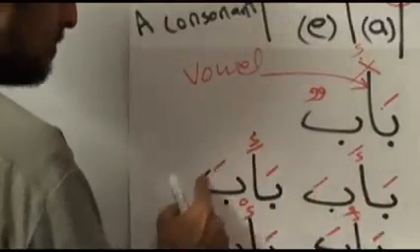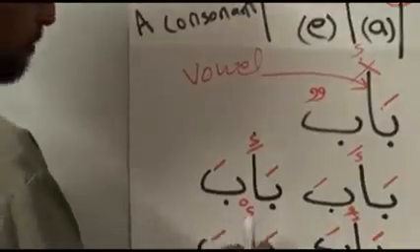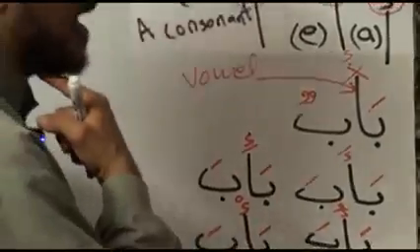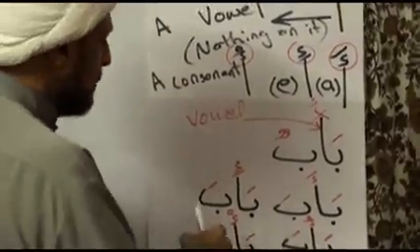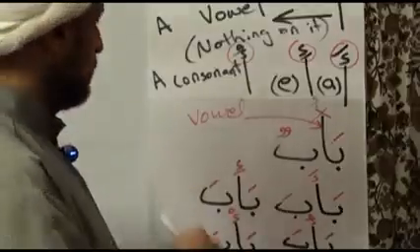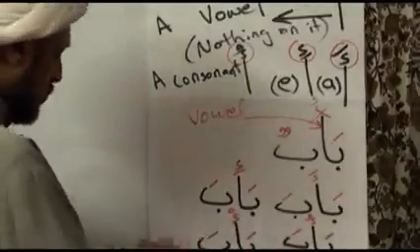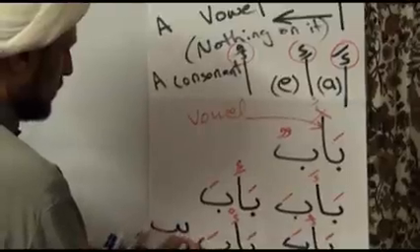So this was ba'aba, ba'iba, ba'uba. See, it's just an echo. If you want to remove that and check, this is baba.